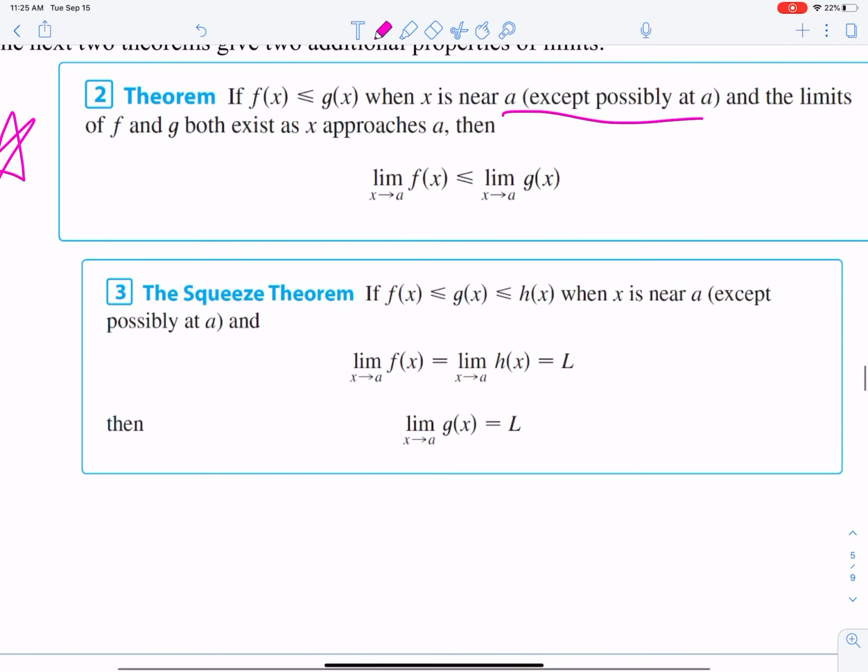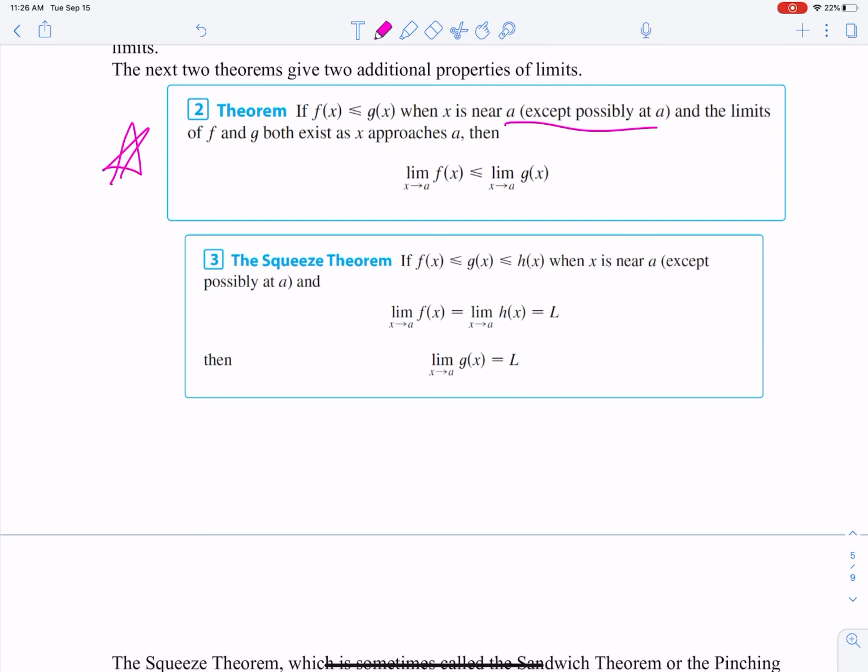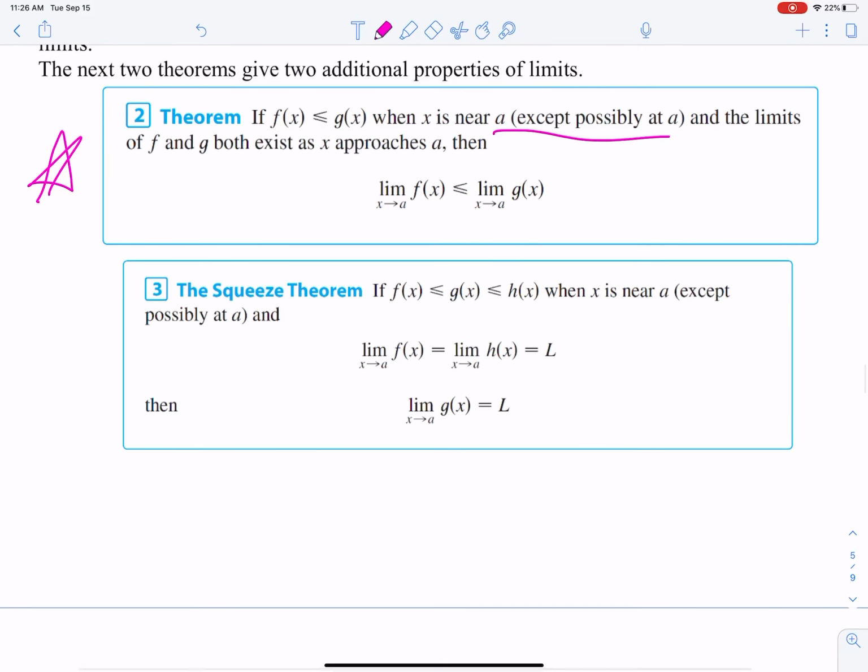Then we have this thing called the squeeze theorem, which you'll prove in Calc 3 or something like that. It's horrible, but you'll do it. This is just kind of an extension of number 2 up there.